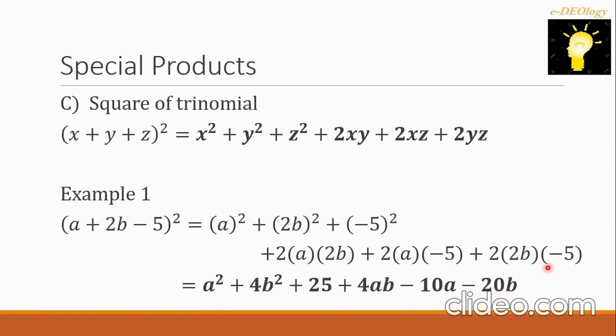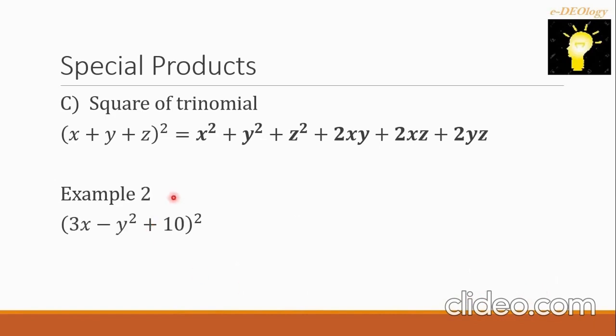For the last term, we multiply 2 times 2b times negative 5. So this is negative 20b. So for our final answer, this is a square plus 4b square plus 25 plus 4ab minus 10a minus 20b.